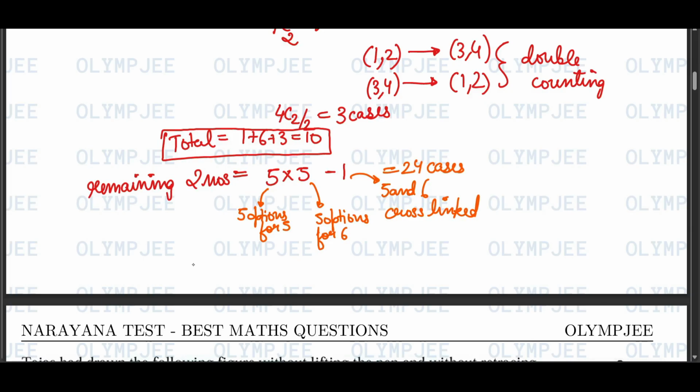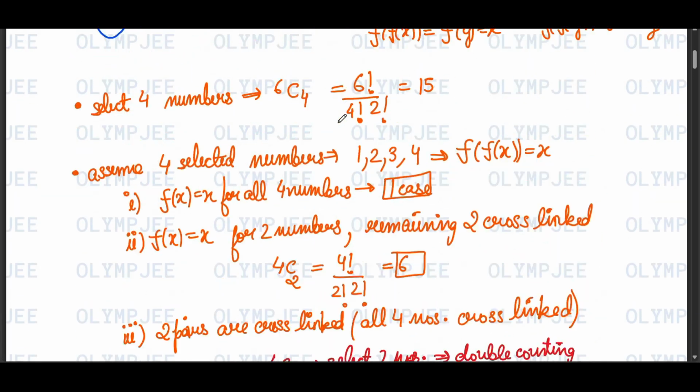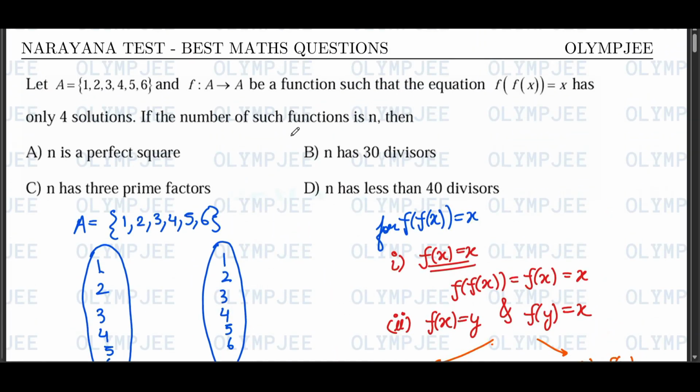So answer will be equal to 15 into 10 into 24, which gives us n is equal to 3600. Okay, so n will become 3600. So it is a perfect square.